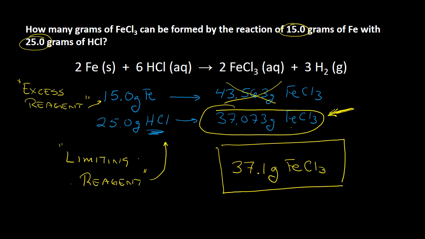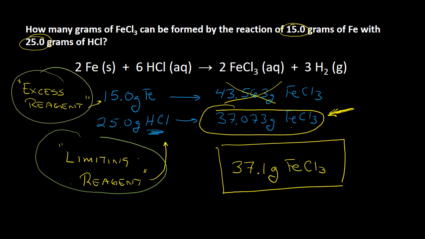Okay, it's really pretty simple. You got to do a lot of calculations because you have to kind of do it twice, but conceptually, it's actually pretty simple. Okay, and in these questions, you'll often also be asked to identify the limiting reagent and the excess reagent. So you want to know those terms. Okay.